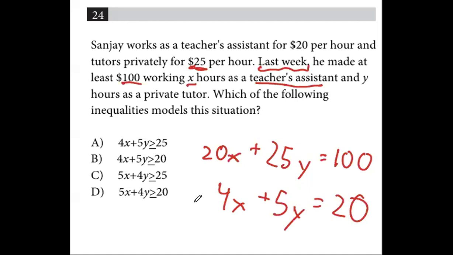So the correct answer is B, 4x plus 5y is greater than or equal to 20. Oh, and it's greater than or equal to because this says at least, so it could be greater.